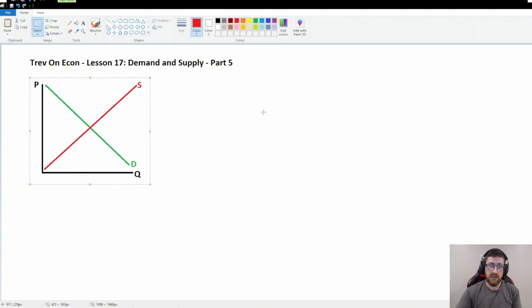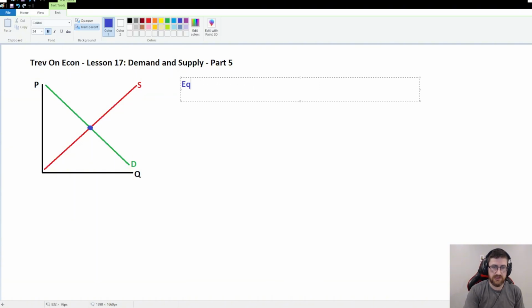All right. Now, without me even telling you, you can probably guess that there is something on this graph that we pay particular attention to. And that's going to be this spot right here where they overlap. So this is what's called equilibrium, right?